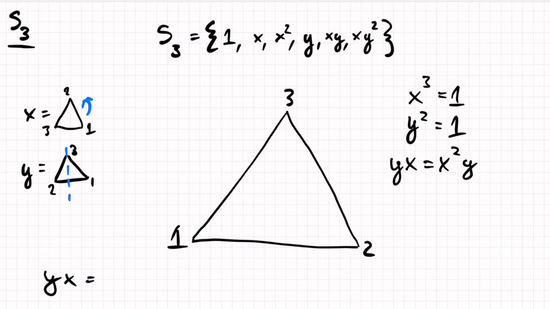So to apply x, we've got to rotate the vertices around. So we'll rotate them, rotate, rotate. So we now have what it looks like after just applying x. Now we need to apply y. Y flips these bottom two vertices here.